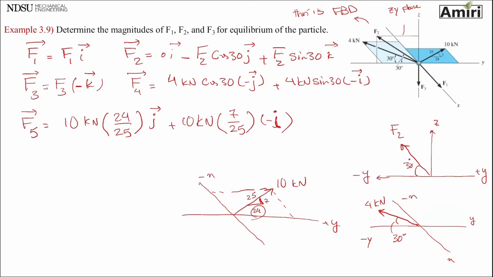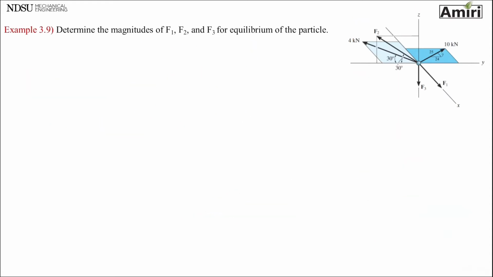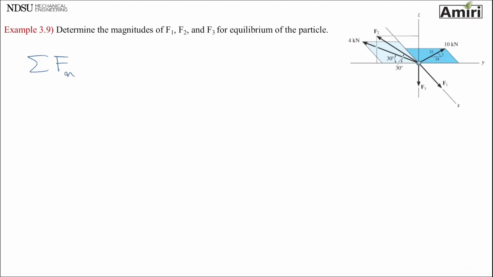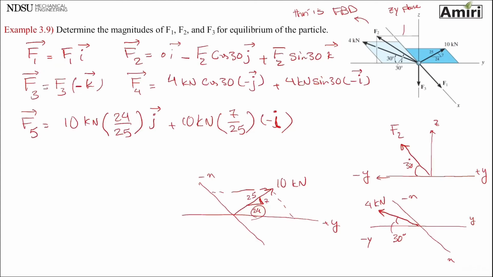Okay. Step 2 was equations of equilibrium. So let's see, summation of forces in x direction being 0. So let's find all of the i's. This is an i, this is another i, this is another i, this is another i.